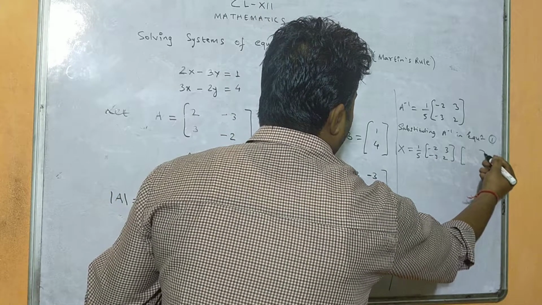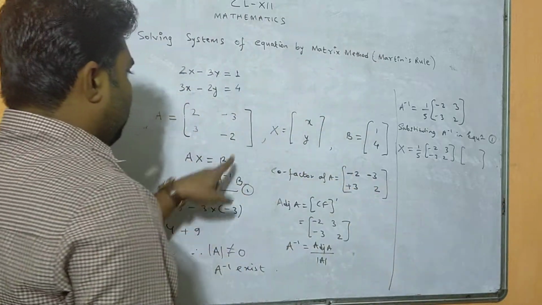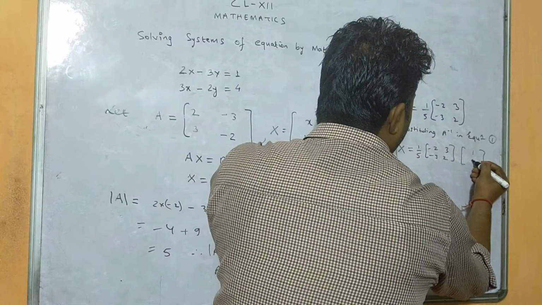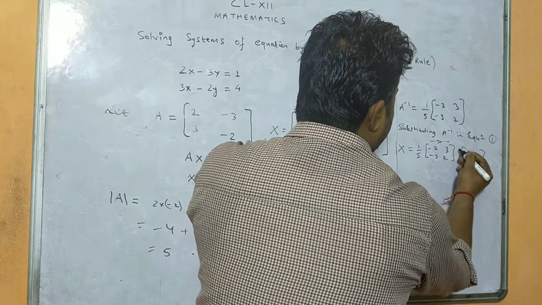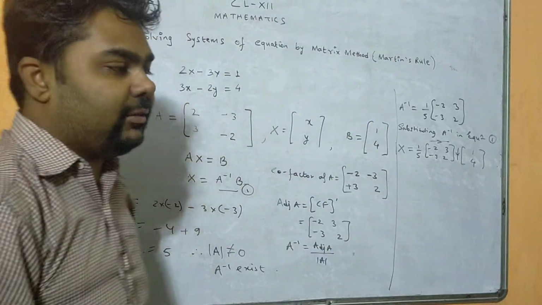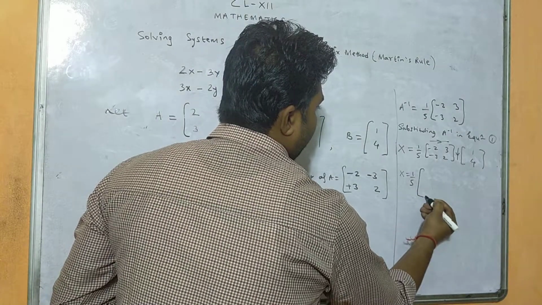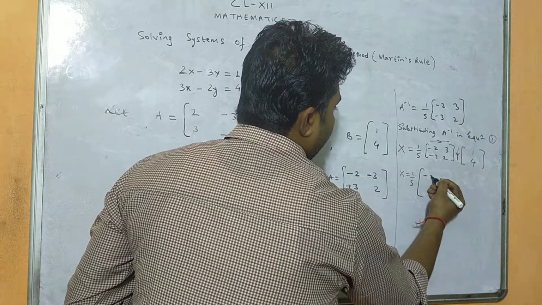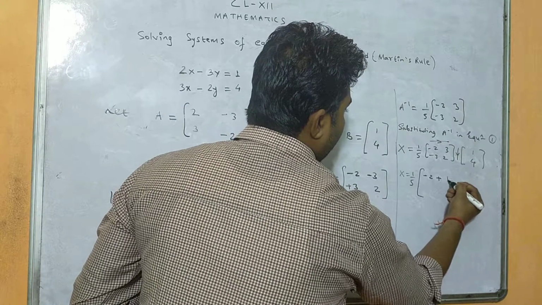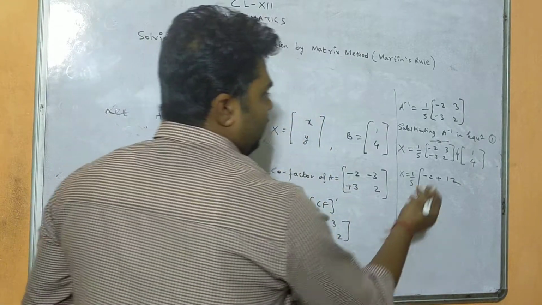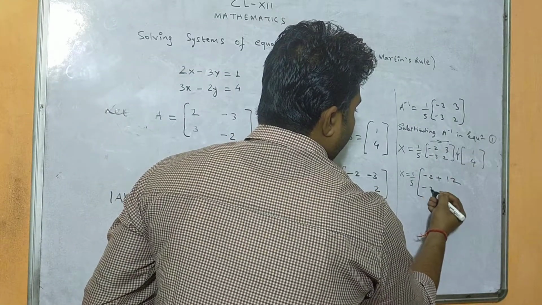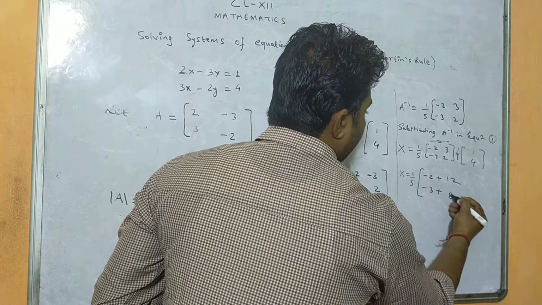And here I will substitute B. What was our B? 1 and 4. Now we will multiply these two matrices, row by column multiplication. X equals 1 by 5 as it is. Minus 2 into 1 is minus 2, plus 3 into 4 is 12. Similarly minus 3 into 1 is minus 3, plus 2 into 4 is 8.